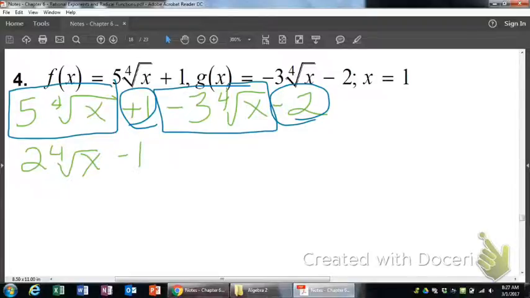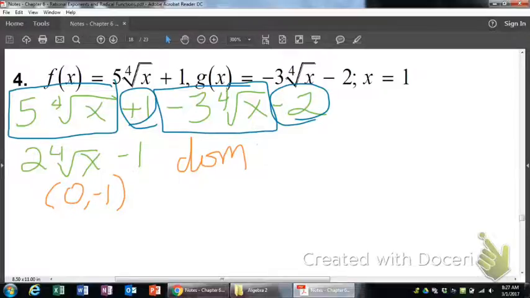Now, whenever I'm looking for the domain of this equation, actually, I'm going to move that down here. So when we're looking for the domain of this equation, what we need to know is that my point starts at the vertex, which is 0, negative 1.